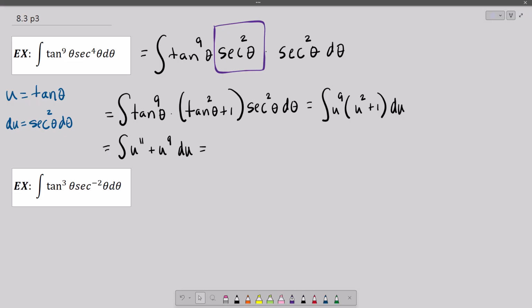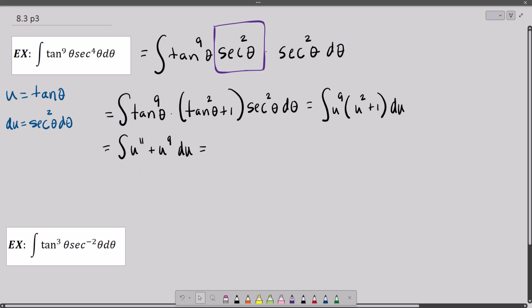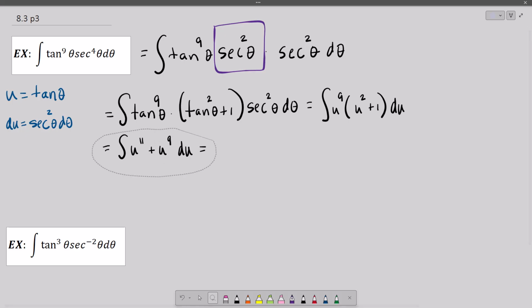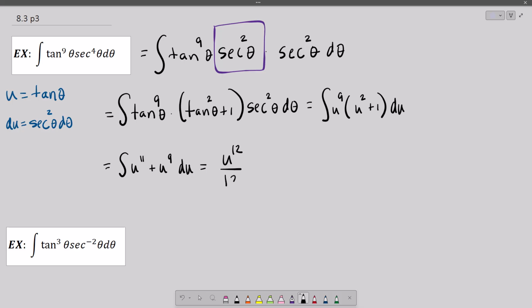And then we're going to integrate. When we integrate this, we're just using the power rule. Nothing special. Add 1 to the exponent, divide by the new exponent. Add 1 to the exponent, divide by the new exponent, plus c. Back substitute to tangent.